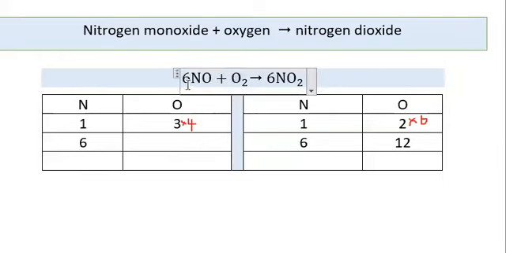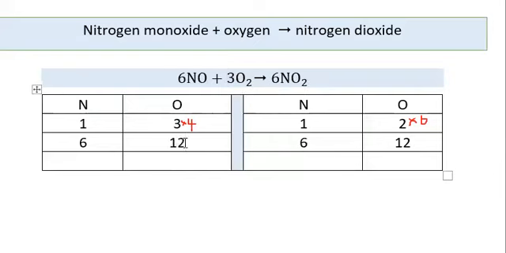So I need to say 6 plus what, right, times 2 will give me 12. So I'm literally just going to count. So if I put a 3 before O2 here, it gives me 6, right? 3 times 2, it gives me 6. So 6 plus 6 will give me 12. And here we have a balanced chemical reaction.